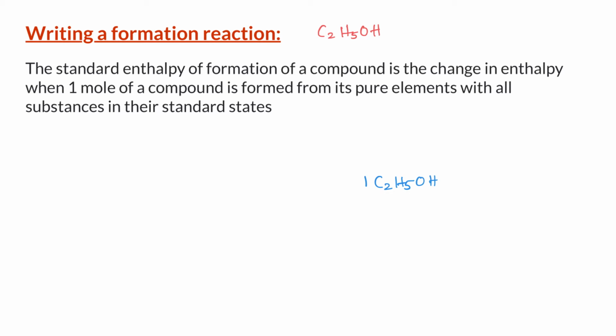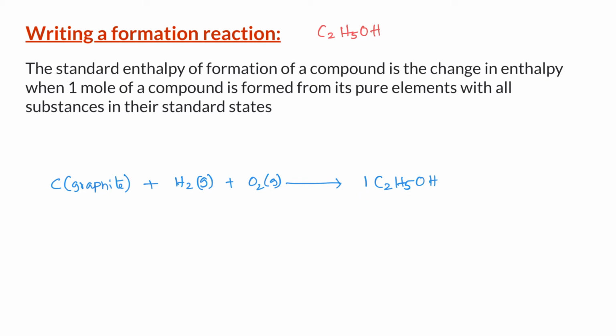So, on the reactant side, we need to place all these elements in their elemental form and in their standard states. The standard state of carbon, as discussed earlier, is carbon graphite. For hydrogen, it is H2 gas, and for oxygen, it is O2 gas. Next, we balance the reaction without changing the coefficient of ethanol.